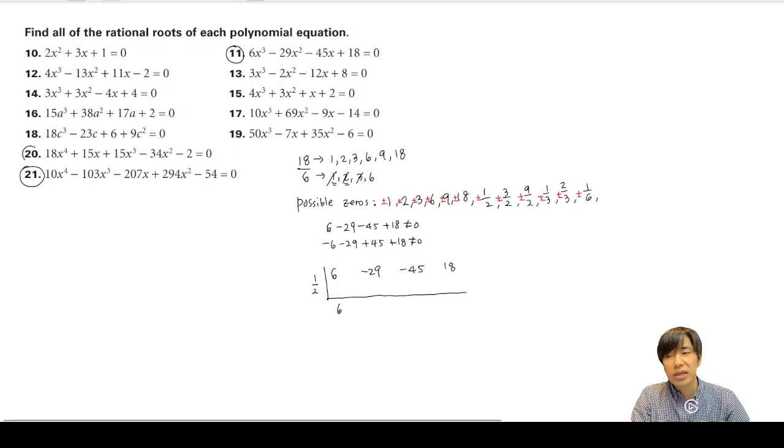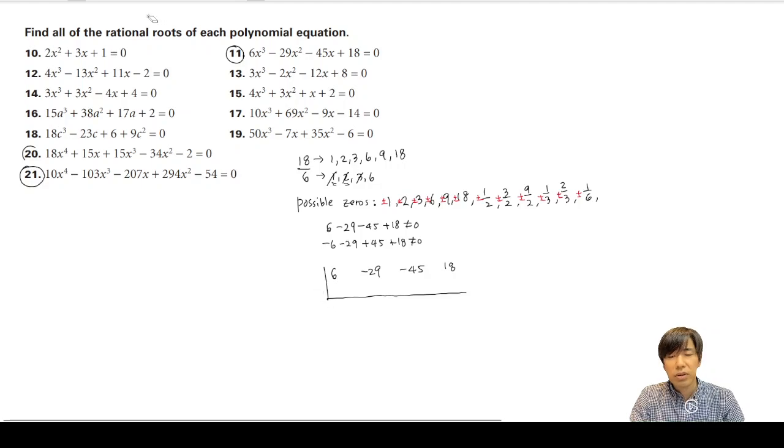So it takes time, okay? So multiply, -3. Add them together, -32. Multiply this, that's 16. Add them together, that's negative what? 29. I'm not going to get this, so let's forget about everything here.